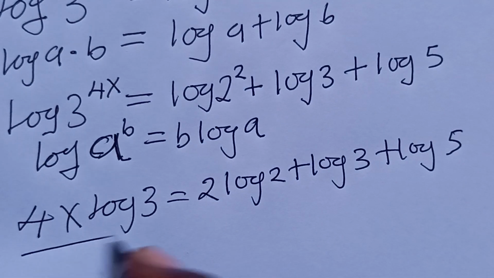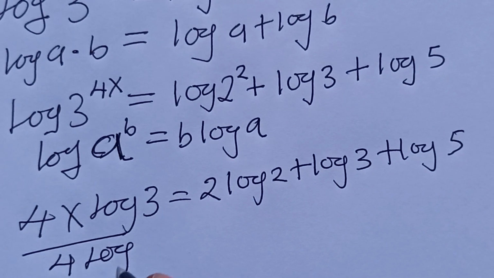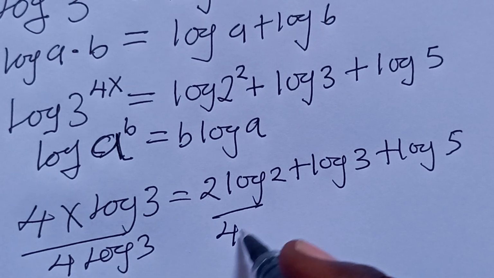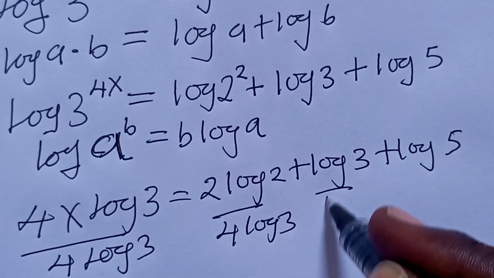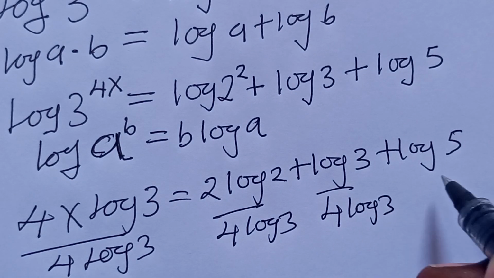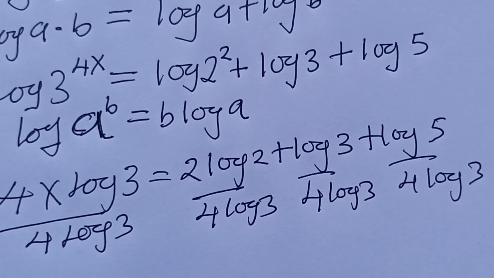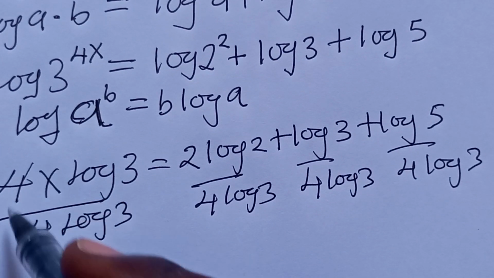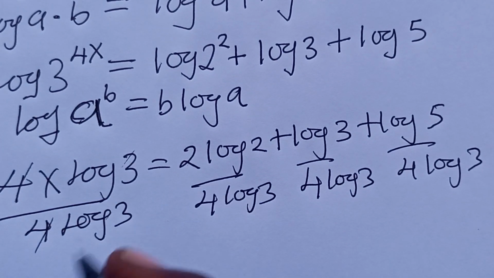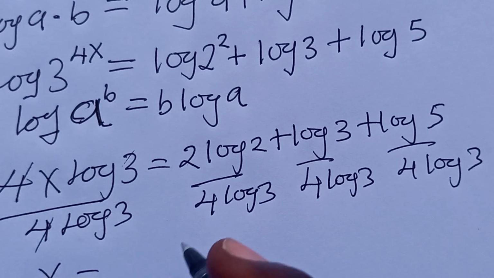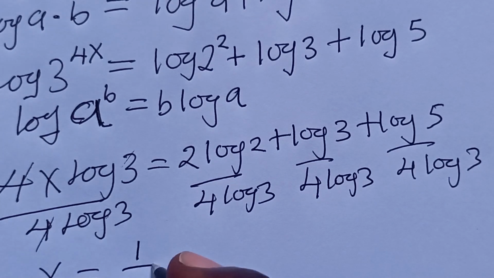So let's divide all three by 4 log 3. If we divide all by 4 log 3, 4 divides 4, log 3 divides log 3, and we're left with x equals. Let's factor out what is common, 1 over 4.